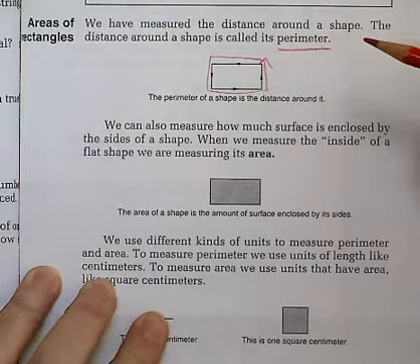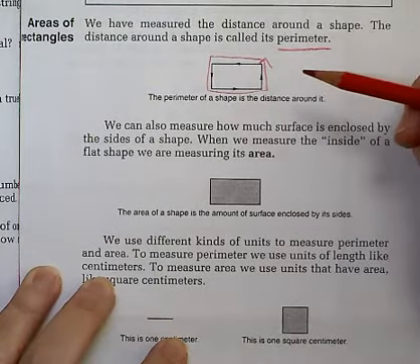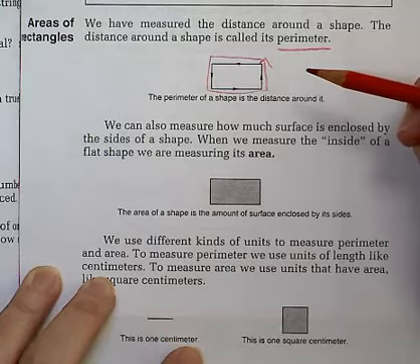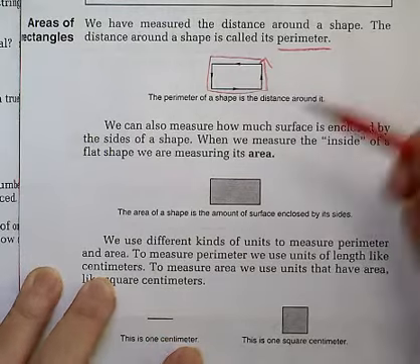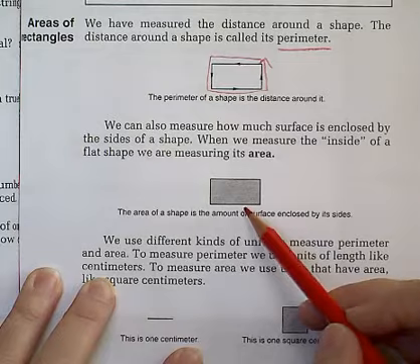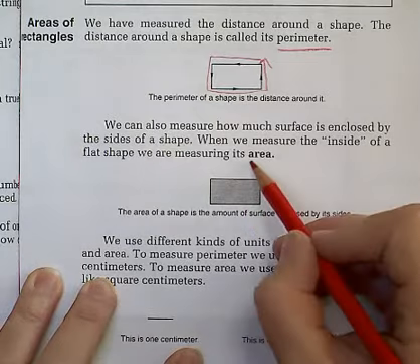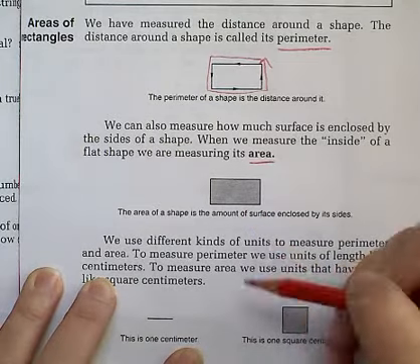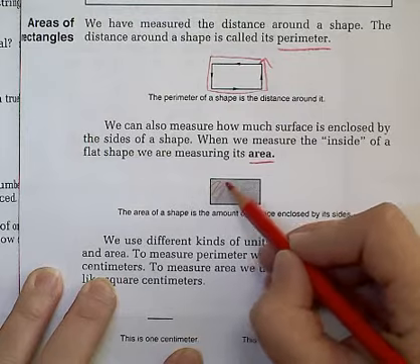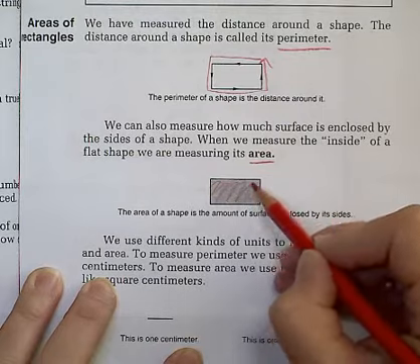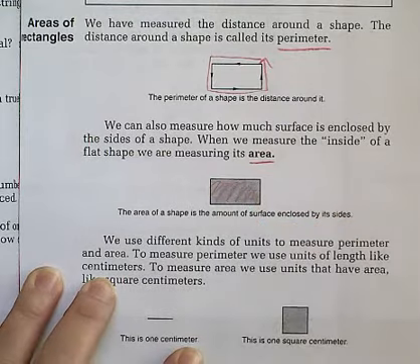That is the perimeter. We've been talking about this for many years. Another common term we use when we are looking at a geometric shape is the area. The area refers to how much space is inside a two-dimensional object, something that has length and width.